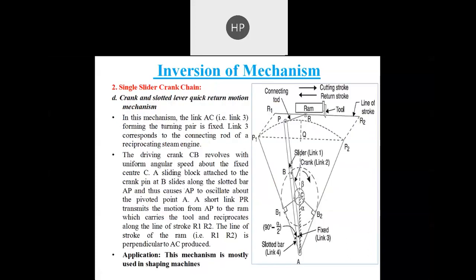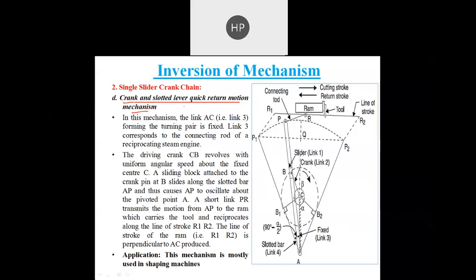Then next is the crank and slotted lever quick return motion mechanism. It is important, and this type of mechanism is used in a shaper machine.